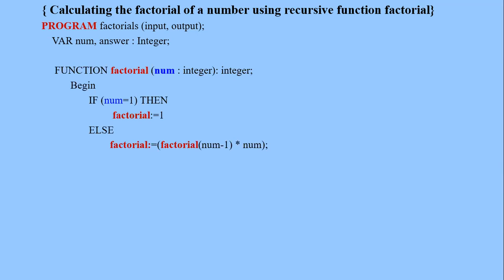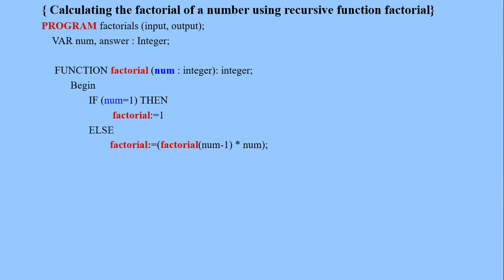it will pick that content of num. If it was 10, it will pick 10 times factorial of 10 minus 1. So 10 times factorial of 9. What will be gotten as the answer will be assigned back to the function called factorial, and that will be returned back.